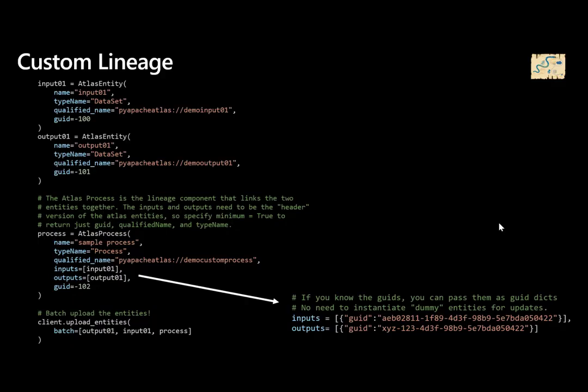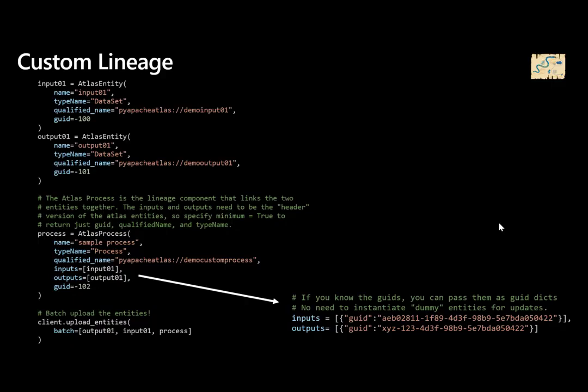The other thing to note here is that when you're about to do an Atlas process update, let's say, or linking together existing entities or changing an existing Atlas process, you need to be cautious around overwriting the inputs and outputs. Again, that bulk entity endpoint is a create or update, and there's no partial updates for arrays.